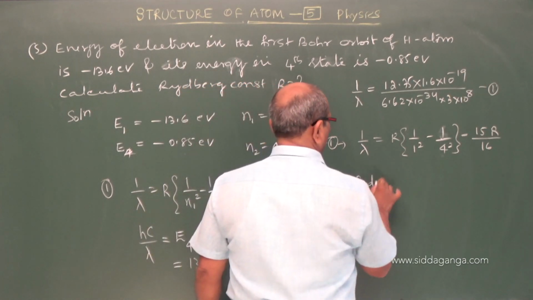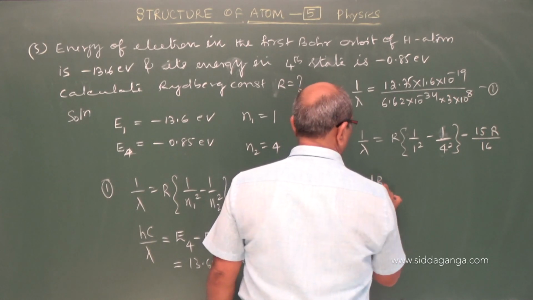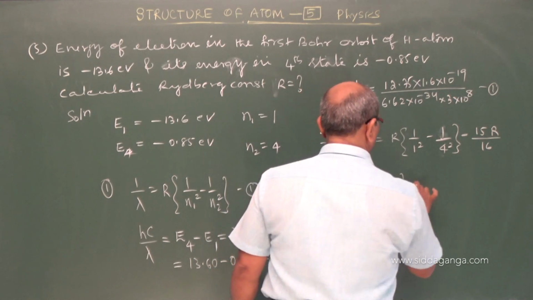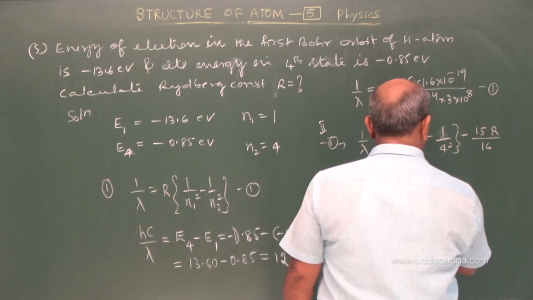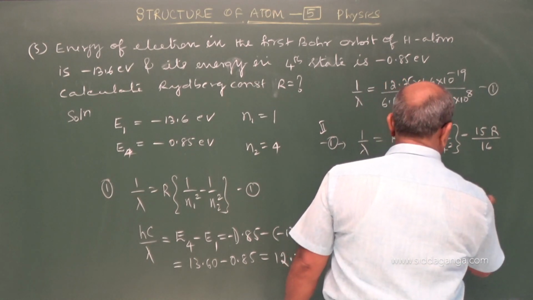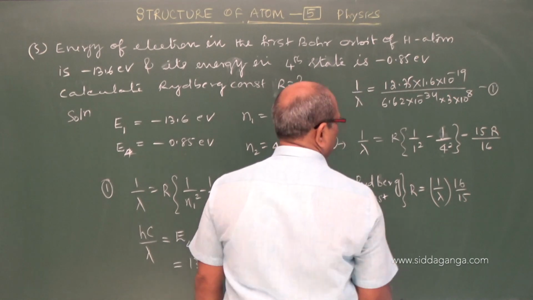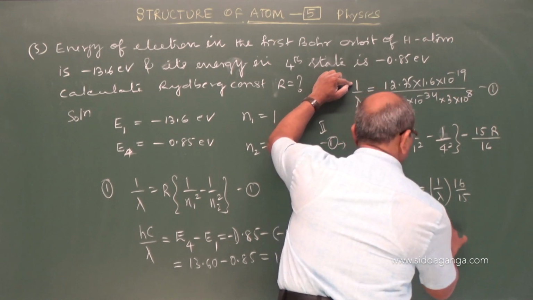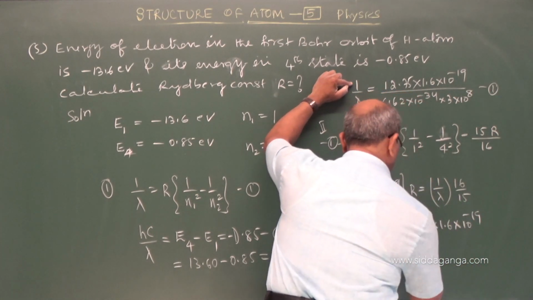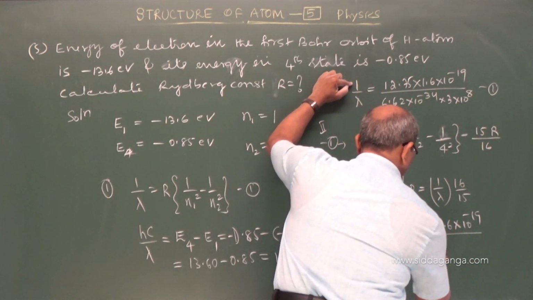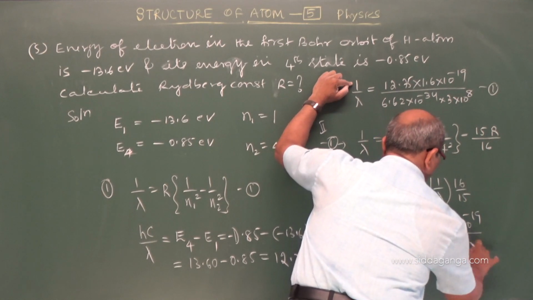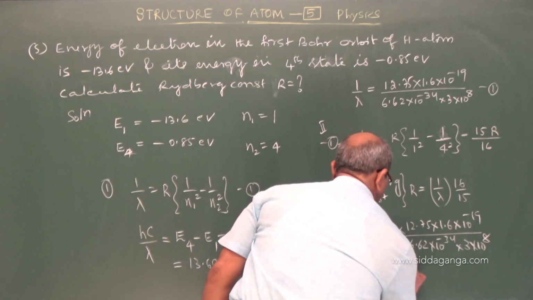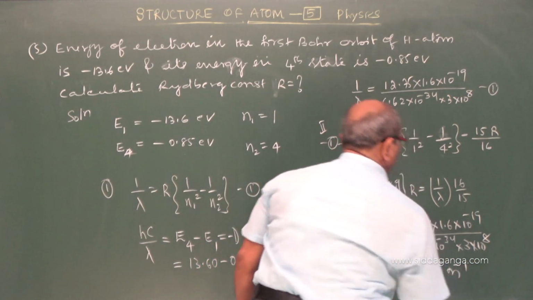Therefore, the Rydberg constant R is equal to 1 by lambda into 16 by 15, which is 16 by 15 into 12.75 into 1.6 into 10 power minus 19 divided by 6.62 into 10 power minus 34 into 3 into 10 power 8. If you simplify, you will get 1.097 into 10 power 7 per meter.